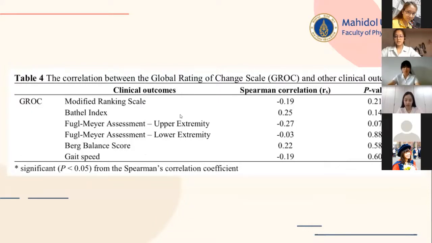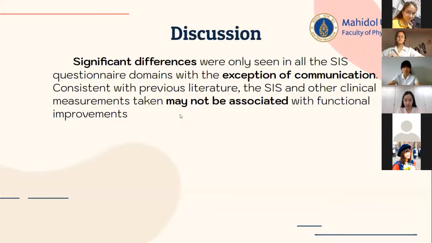In discussion, this significant difference was only seen in all the SIS questionnaire domains, with the exception of communication, consistent with previous literature. The SIS and other clinical measurements taken may not be associated with functional improvements.